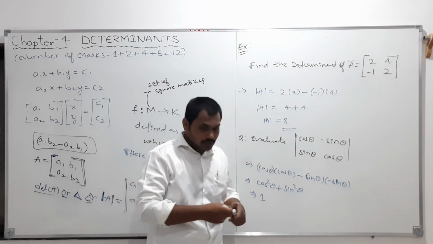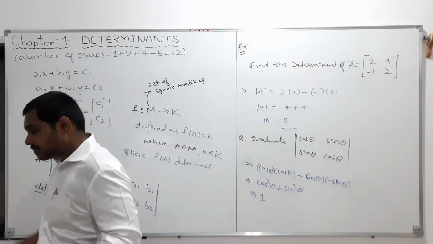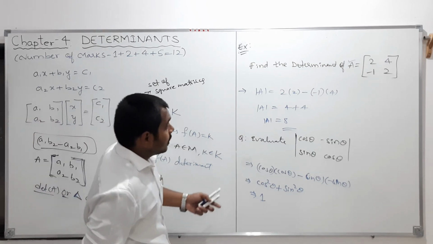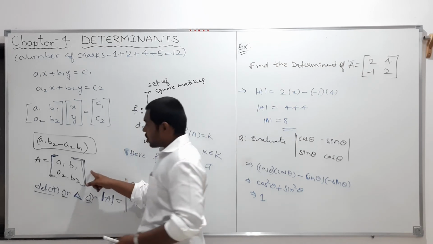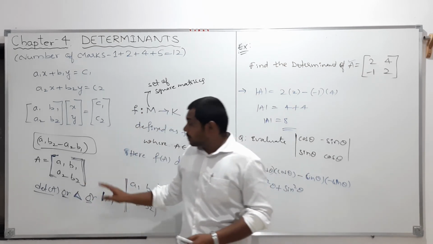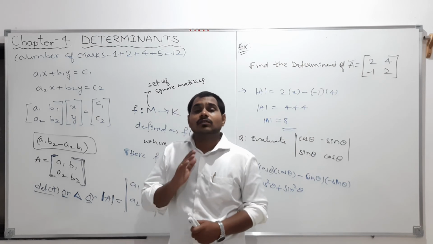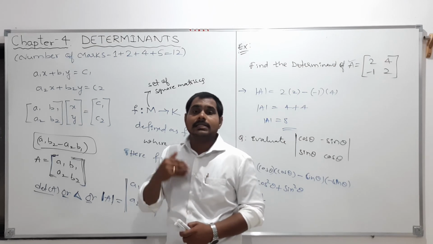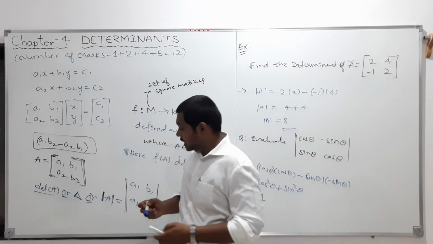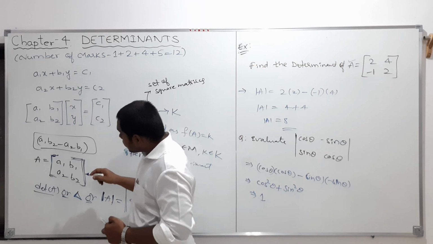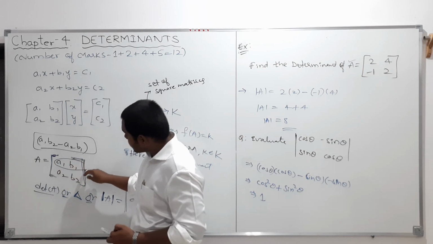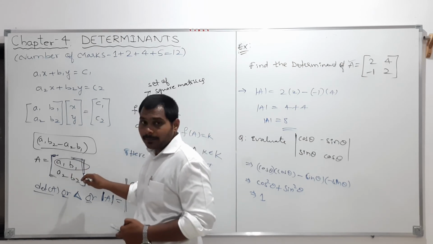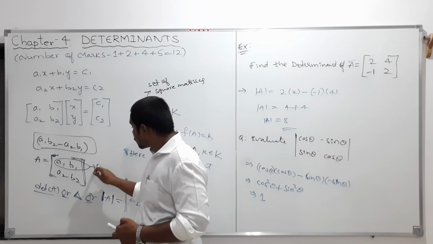Clear? So like this you should solve. Please remember, if the given matrix is of order 2 cross 2, and please remember what we discussed in the matrices topic: the horizontal line, whatever elements lie on the horizontal line, indicates the rows.